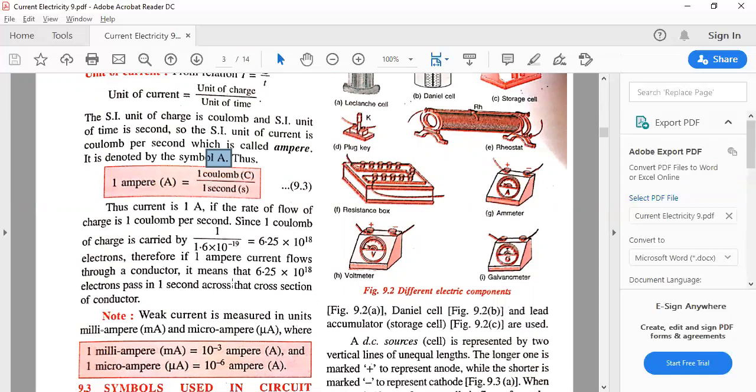Now let's understand, in 1 coulomb how many electrons are flowing.